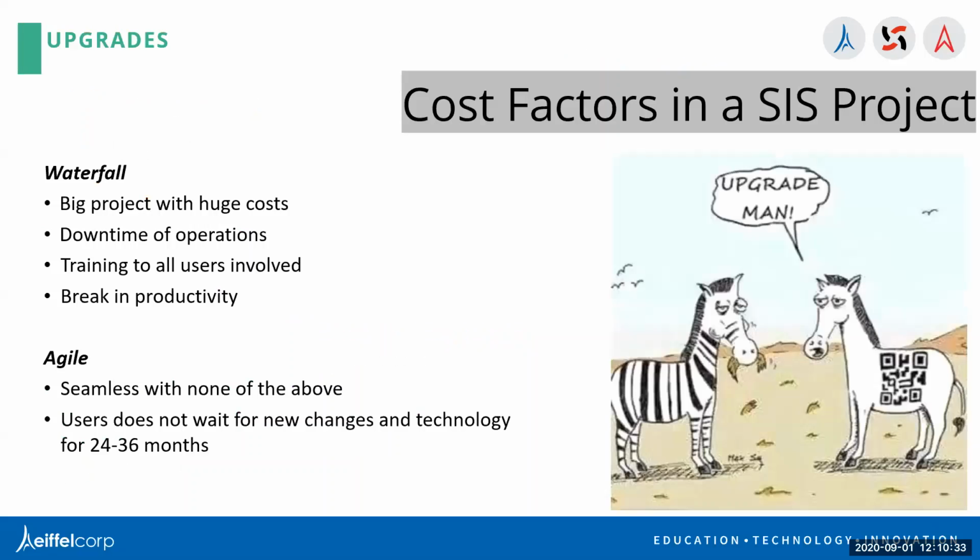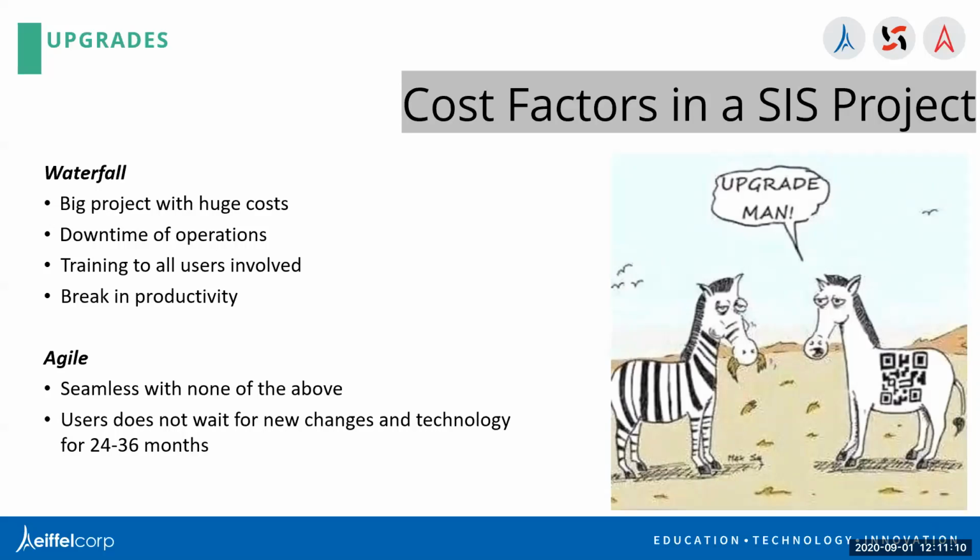The next process that we're going to look at, and I actually spoke about that a bit, which is a big cost factor when you look at the efficiency of cost in your SIS decision, is your upgrades. So we spoke about the waterfall upgrade, which is a huge cost factor: downtime, training of the users, break in productivity. While Agile, the way in which academia is released, is a seamless process. If we do an Agile release every 3 months, it's a seamless, no downtime process.